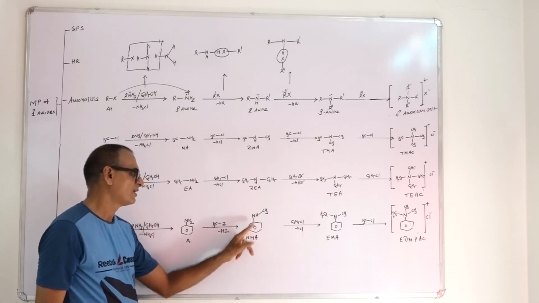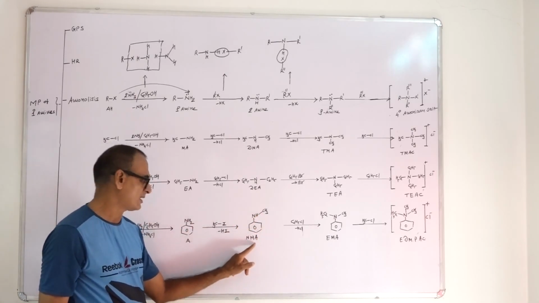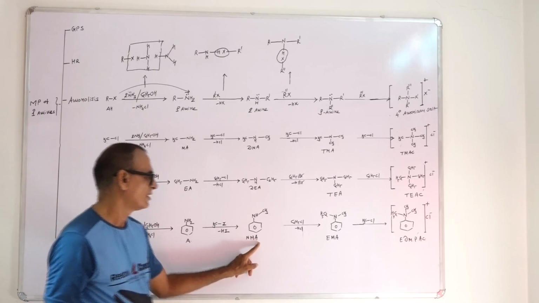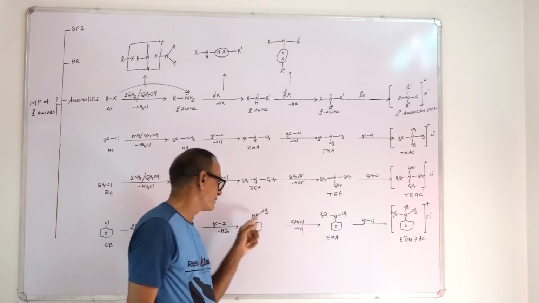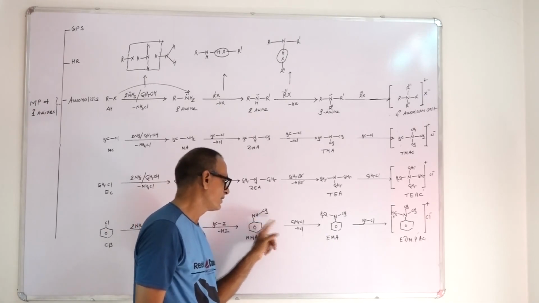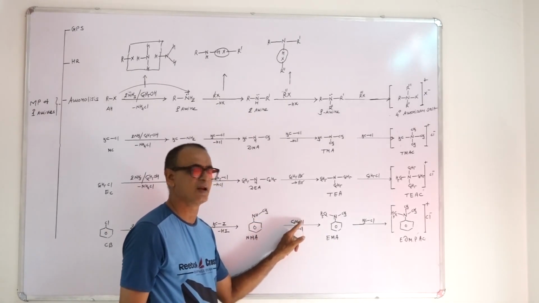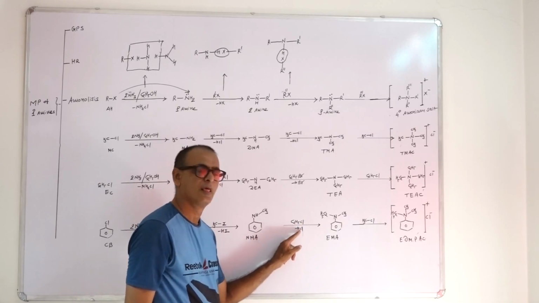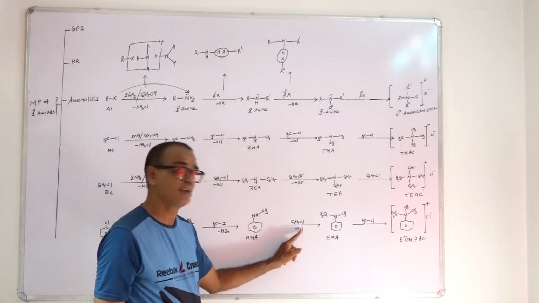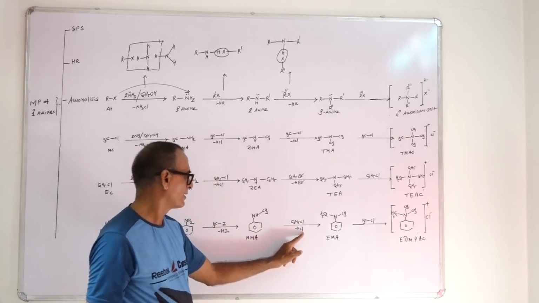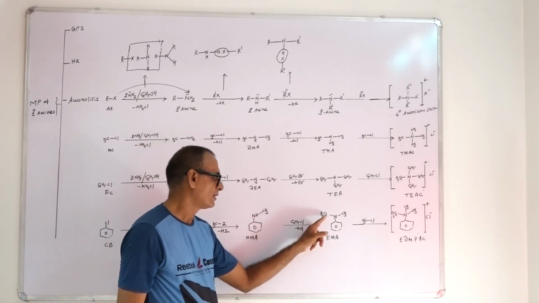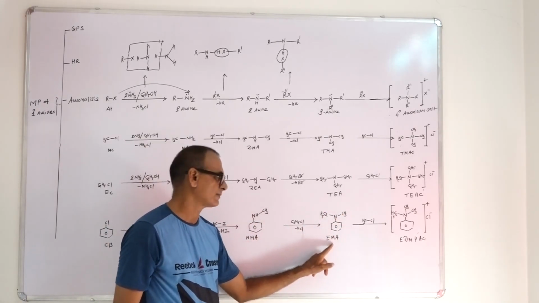It will give N-methylaniline. Further reaction with ethyl chloride: the hydrogen of the secondary nitrogen and Cl of ethyl chloride will be removed as HCl byproduct. It will give N-ethyl-N-methylaniline.